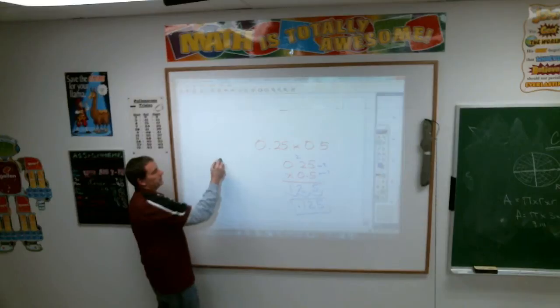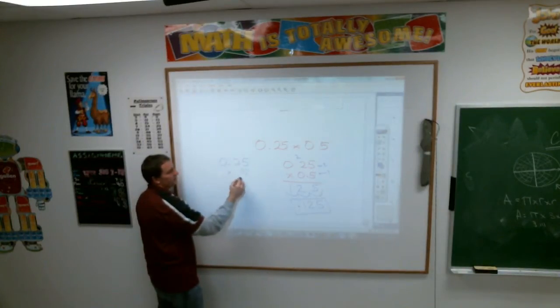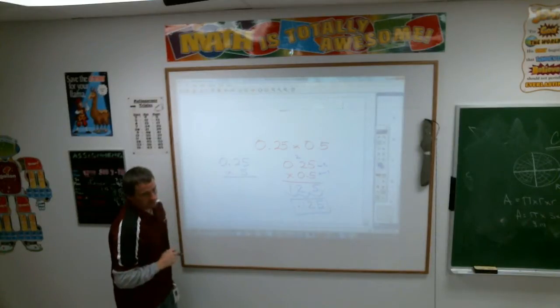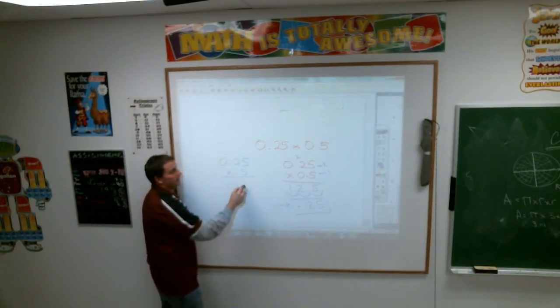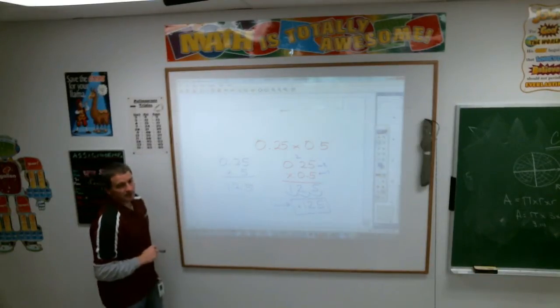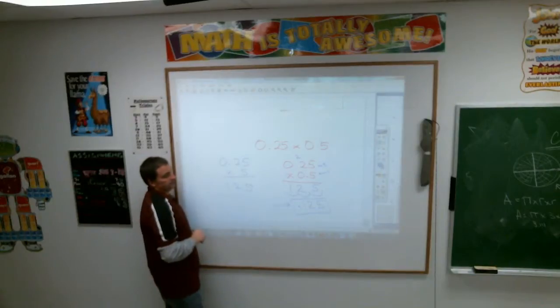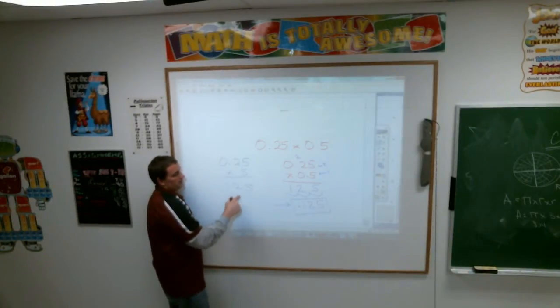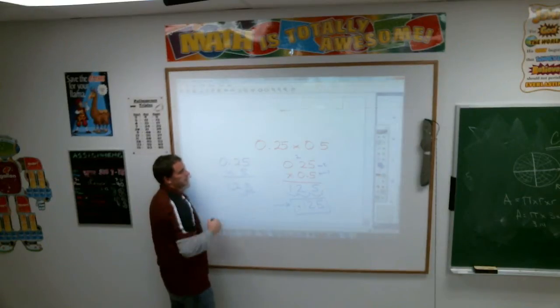As opposed to what would I get if I had this just times 5 and not 0.5? You're going to get the same digits. You're still going to get a 1, a 2, and a 5. It's just that the decimal is going to be in a different place. Where will the decimal be in this one? Between the 1 and the 2. Yep, come back 2 places, because there's 2 places there.